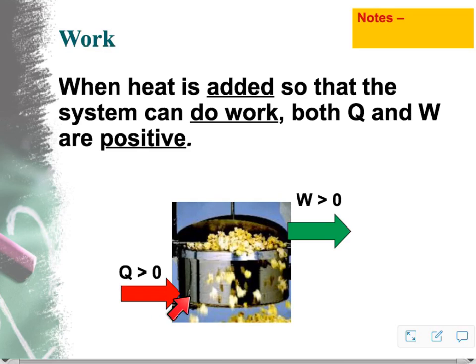Okay, so when we add heat to a system, so that system can lift this lid and do work, then both Q and W are greater than 0. So if you have trouble remembering, is Q positive, is Q negative, remember the popcorn popper. When heat is added, so the system can do work, both Q and W are positive.